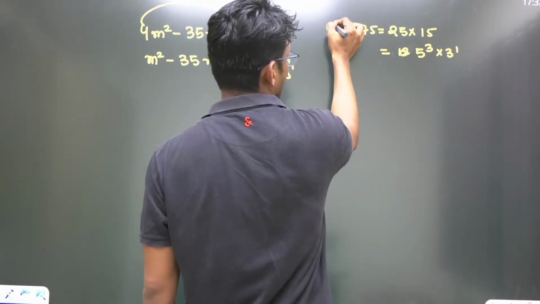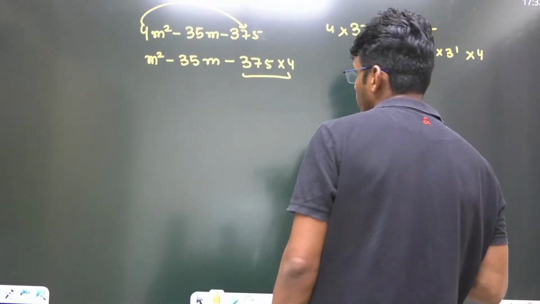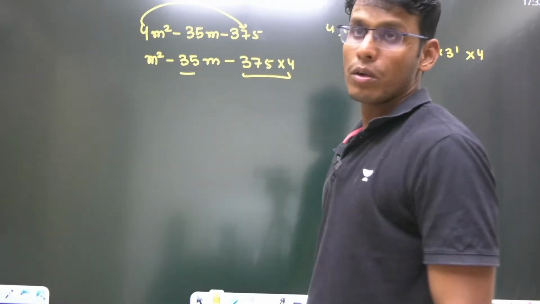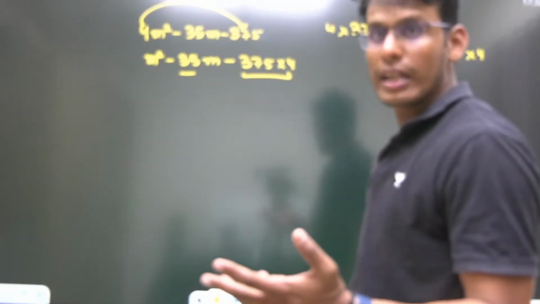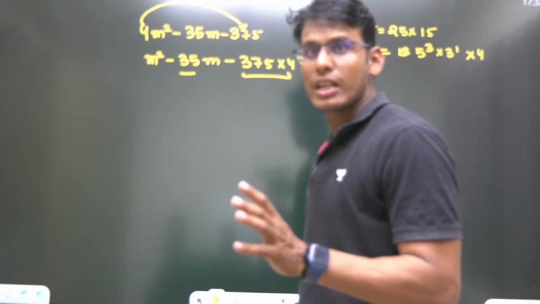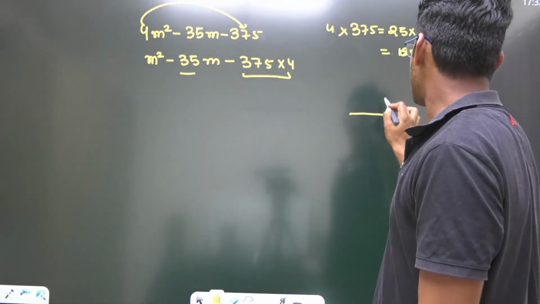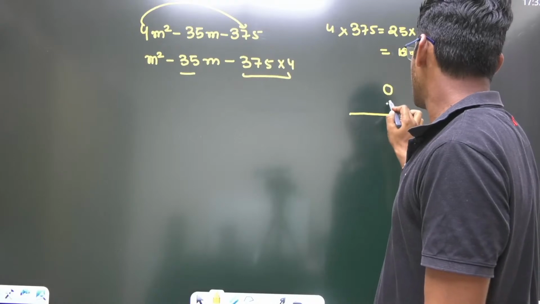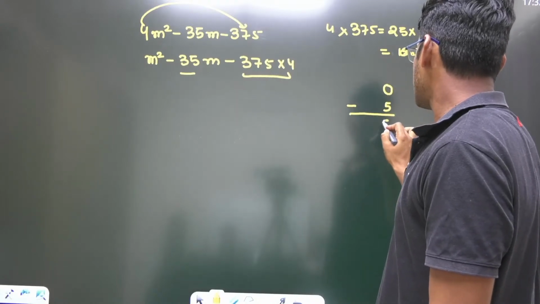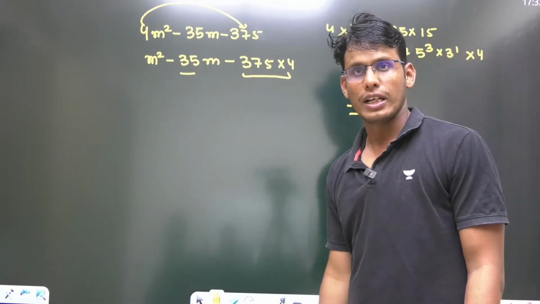And you have 4 extra. Now you are getting minus 35 here. So how do you get minus 35? There has to be some 0 here and some 5 here, right? That is how you get it.